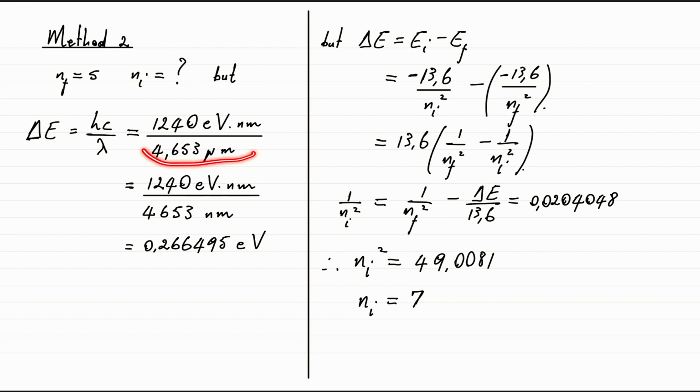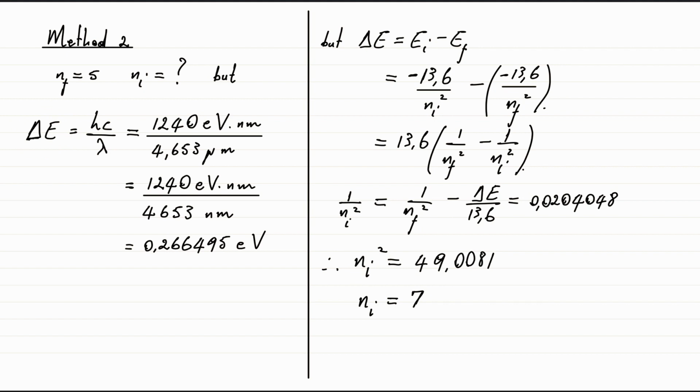And we can find the energy that corresponds to that wavelength, and that specific energy is given by 0.266495 electron volt.